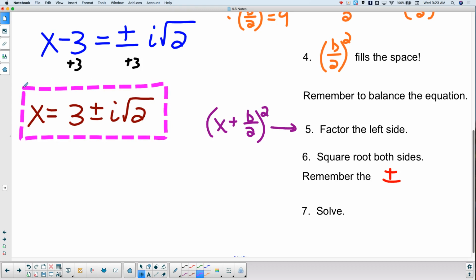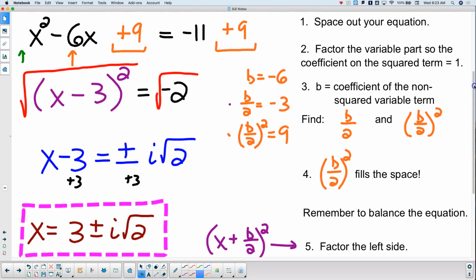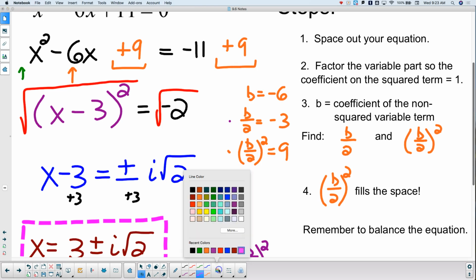Now, that is solving by completing the square. We'll do one more like that, okay? But you're only going to use it up to here.